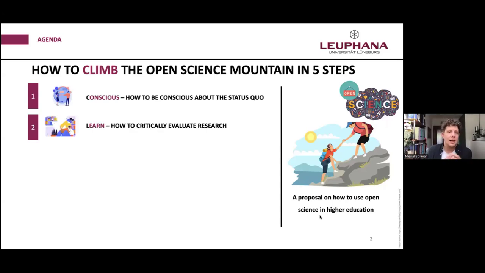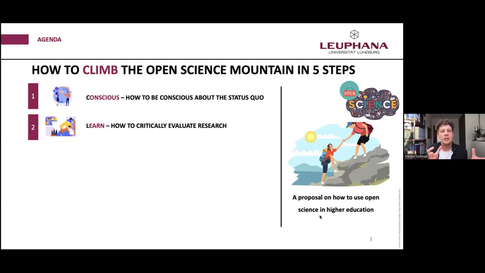Based on that, what I do with my students at least is that they learn how to critically evaluate research. So basically being able to distinguish between those studies that are easy or good to replicate and those studies that are hard to replicate. And I think that's a skill that students can learn in university or specifically in research-oriented seminars.